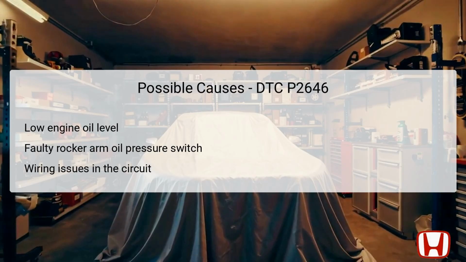Additionally, wiring issues within the circuit, such as broken wires or poor connections, can interfere with the proper transmission of signals between the switch and the engine control module, ECM. It's important to methodically investigate each of these potential causes to identify and rectify the underlying issue causing the low voltage reading in the rocker arm oil pressure switch circuit.